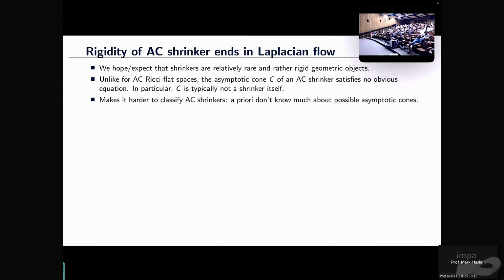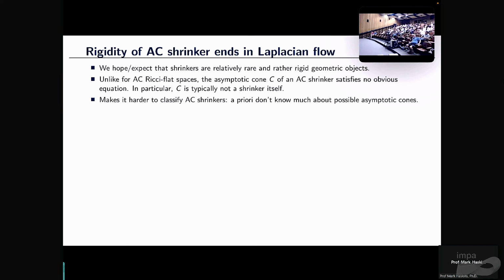In some sense, that's good news, or that should be good news. We hope that, since shrinkers model singularity formation, shrinkers are either relatively rare or rather rigid geometric objects. It's not always clear how to quantify that.